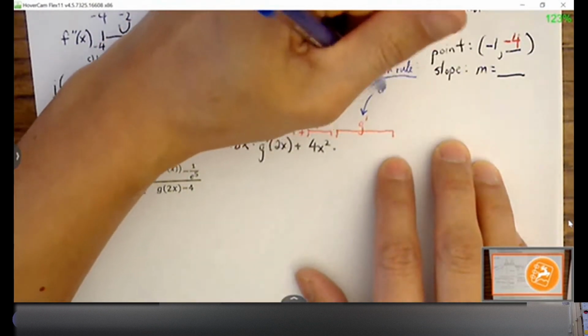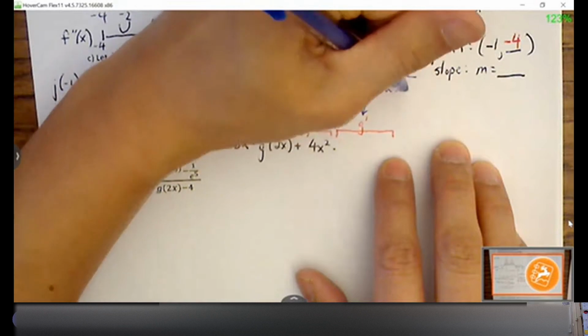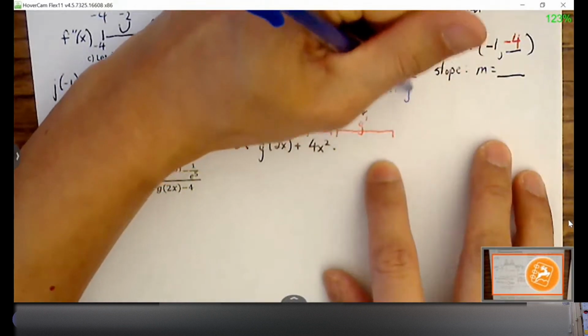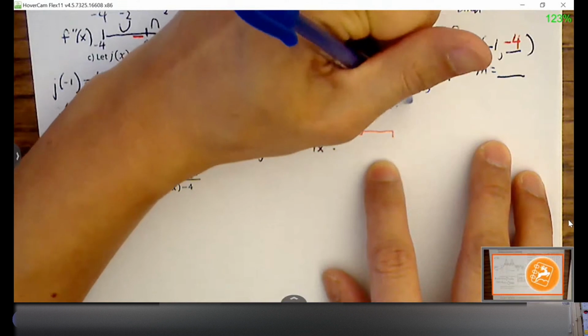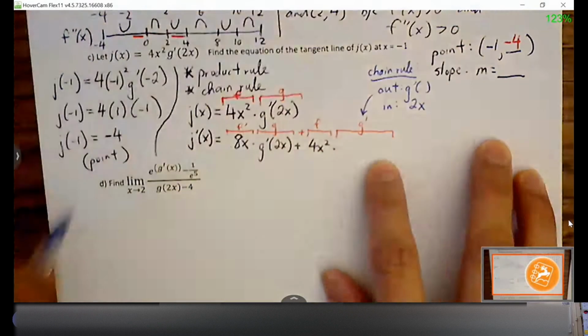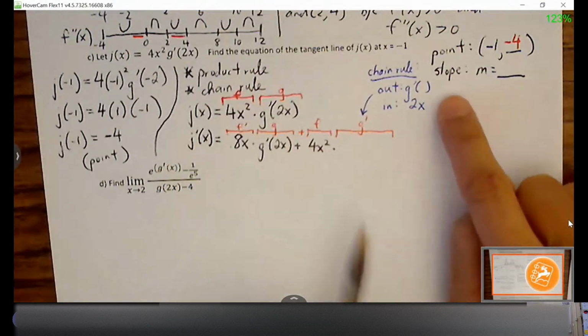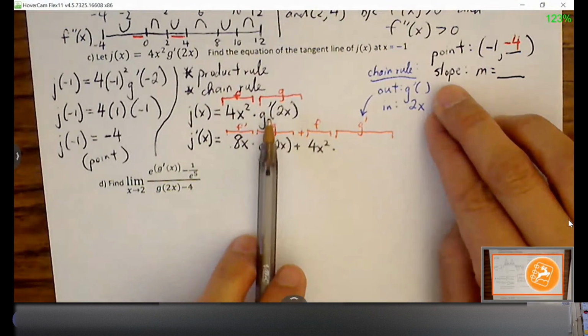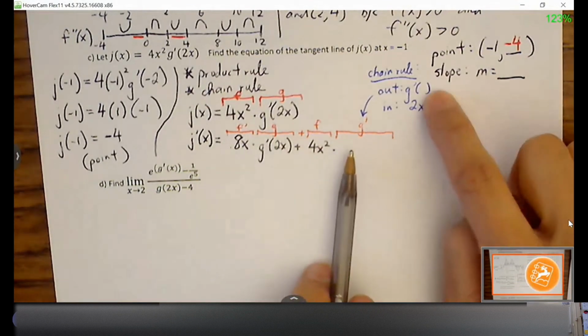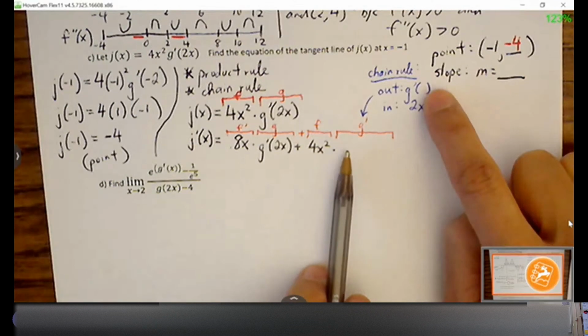So we need to find the derivative of the outside portion. My outside portion is just the g prime, and then my inside portion is the 2x. Oh, so it's g double prime. That's right. Once I've identified the outside and inside function, I'm going to take turns with each of their derivatives. Like what you said, g prime becomes g double prime.